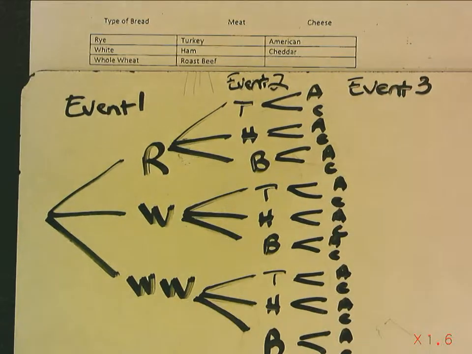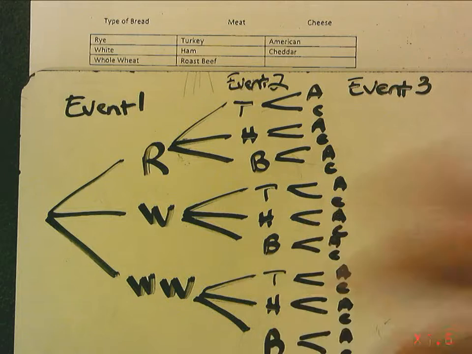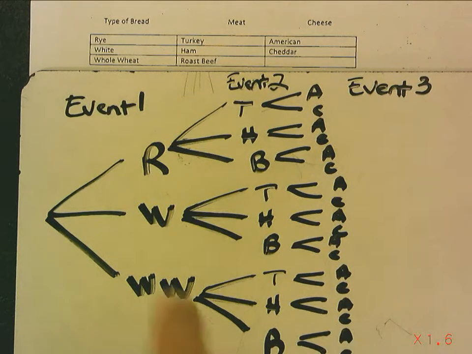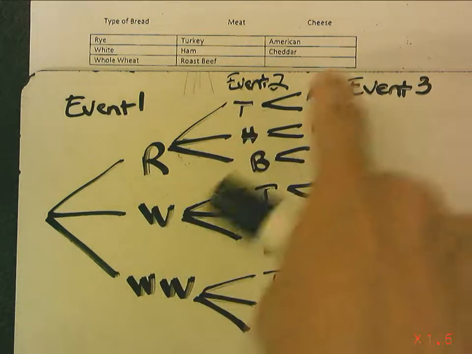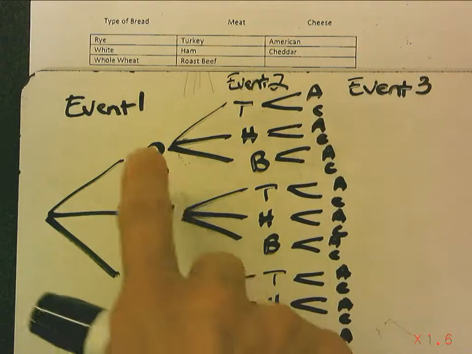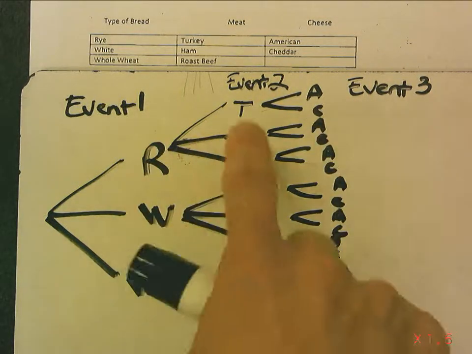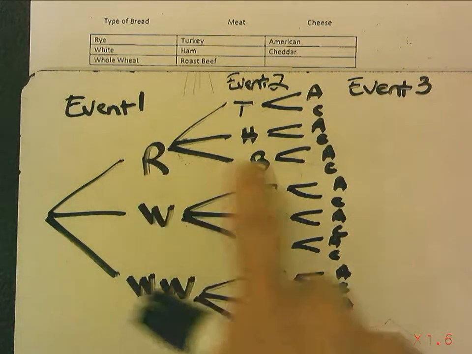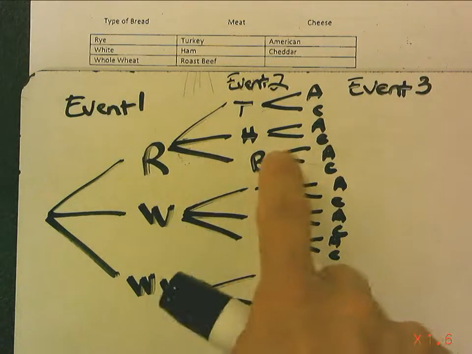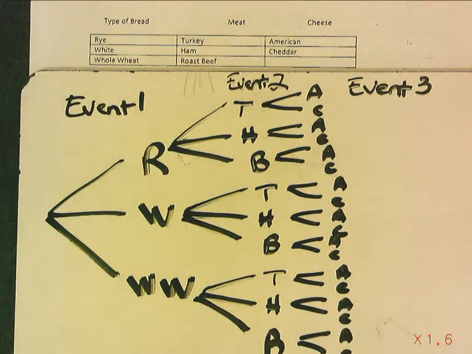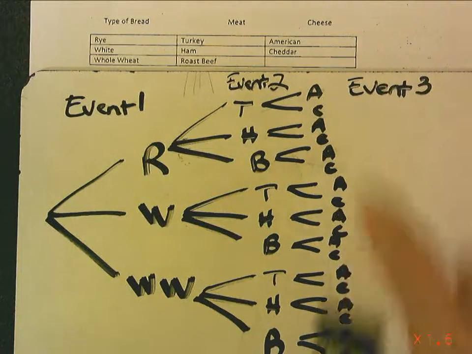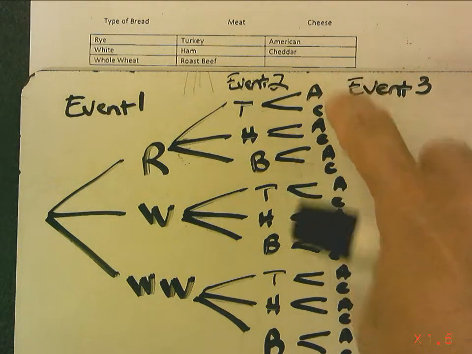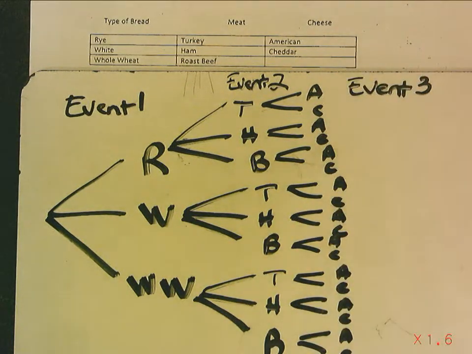Now, the advantage of this is as I follow the branches, I could list the different possible outcomes. Rye, turkey, American, rye, turkey, cheddar. Rye, ham, American, rye, ham, cheddar. Rye, roast beef, American, rye, roast beef, cheddar, etc. So if I count up the number here, I get 18, which is the same as I got using the other method. And this is called a tree diagram.